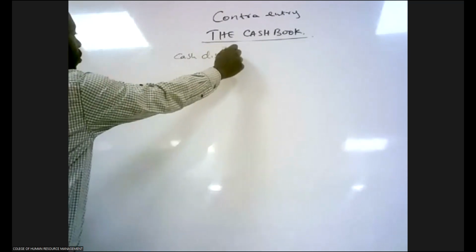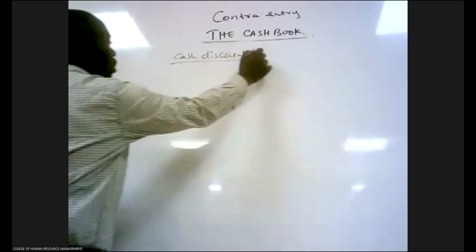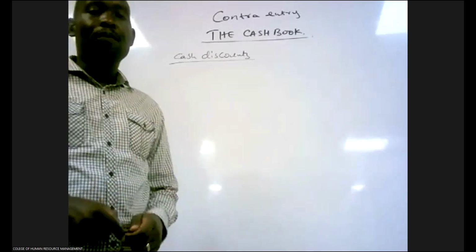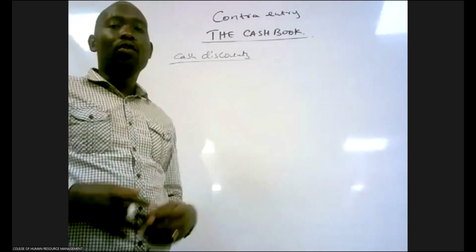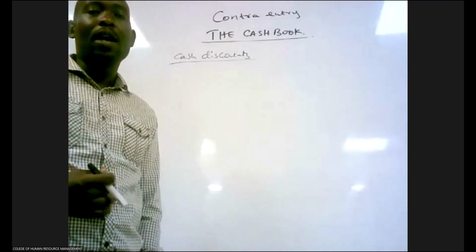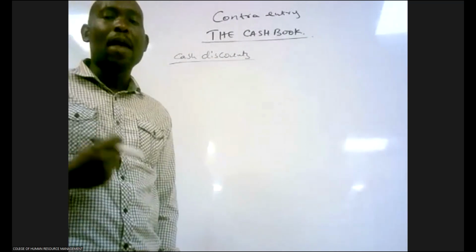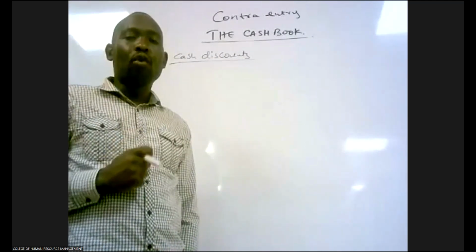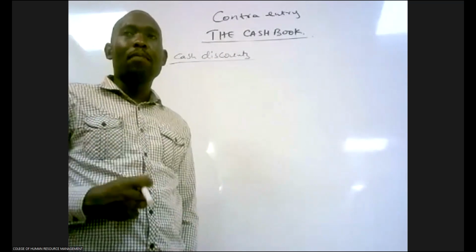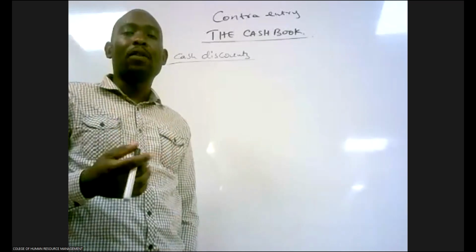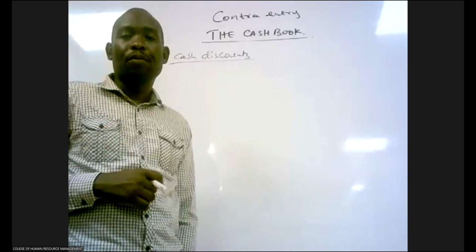A cash discount is a discount the business is going to allow the customer, or that we are going to receive from our suppliers, because of prompt payment, paid within the scheduled time. So to encourage prompt payment, traders normally give their customers cash discounts.